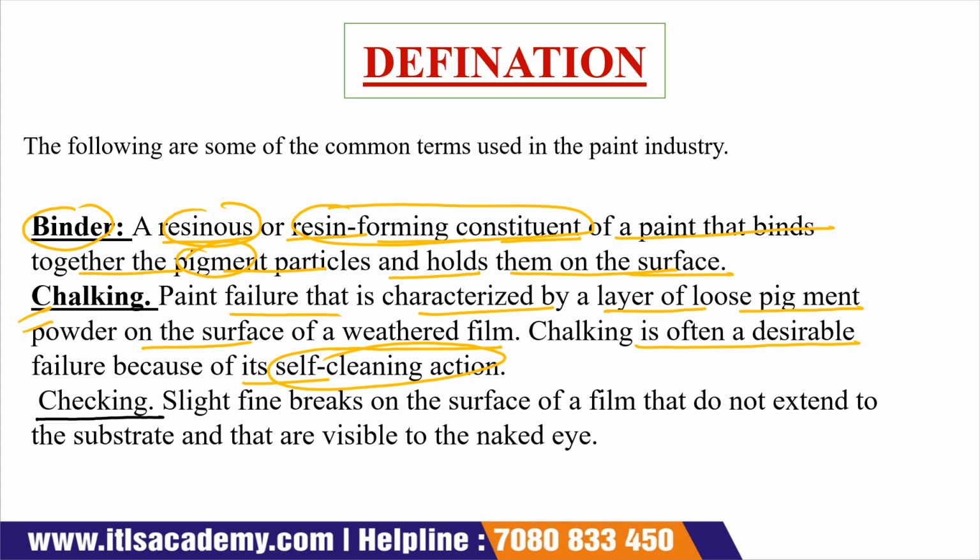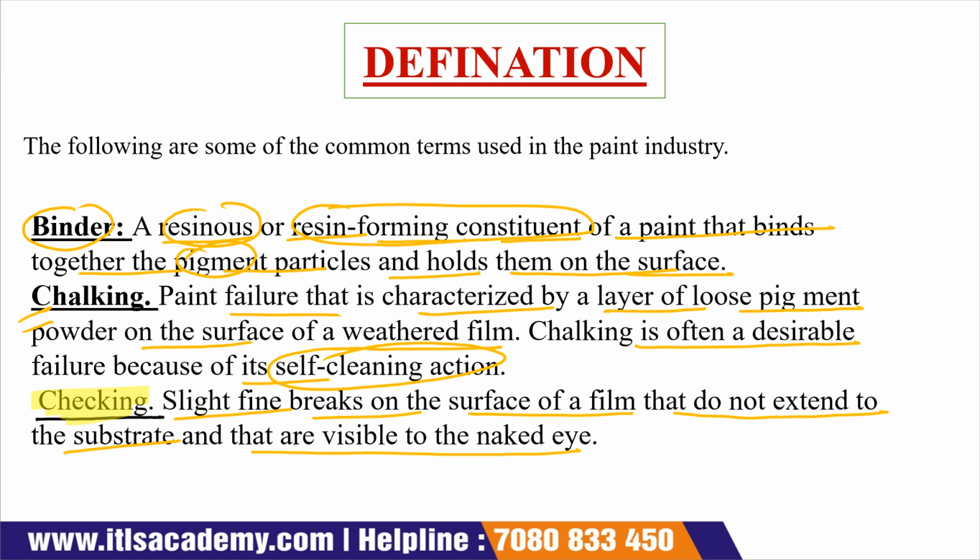The next is checking. Slight fine breaks on the surface of the film that do not extend to the substrate and are visible to the naked eye are called checking.